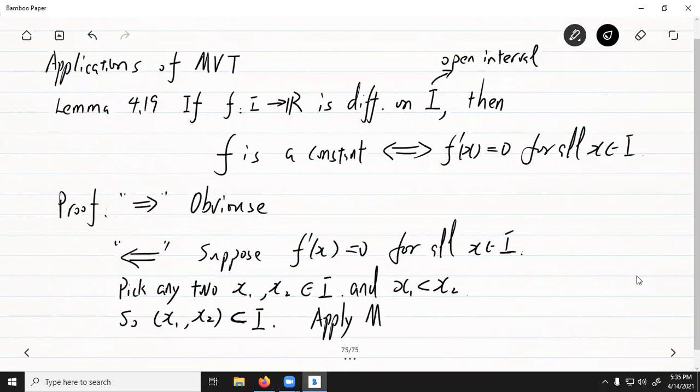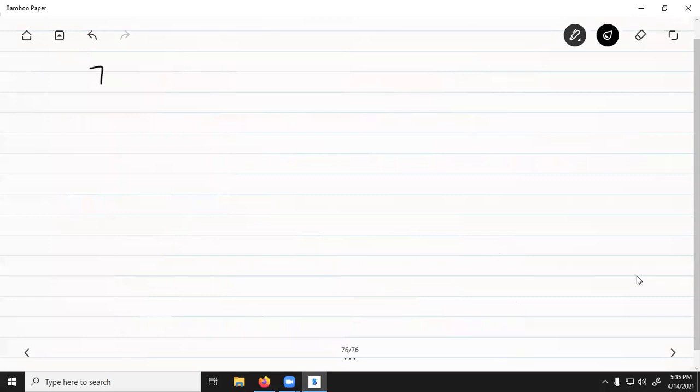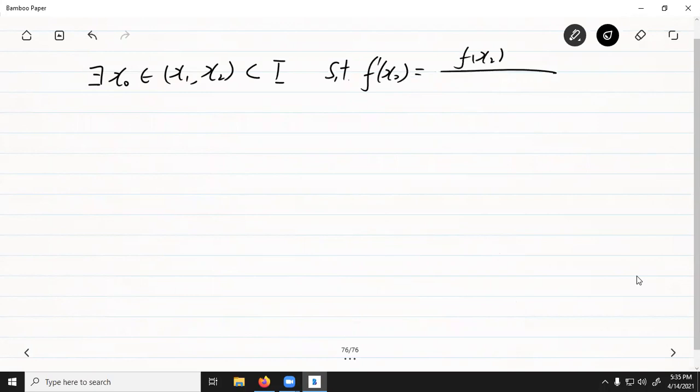Then we apply the mean value theorem to this interval from x1 to x2, not on I, okay? So then it satisfies all the conditions for the mean value theorem, right? We have applied it to this one, then there exists some x0 between x1 and x2, which is also inside I, such that f prime of x0 is equal to f of x2 minus f of x1 over x2 minus x1, right?